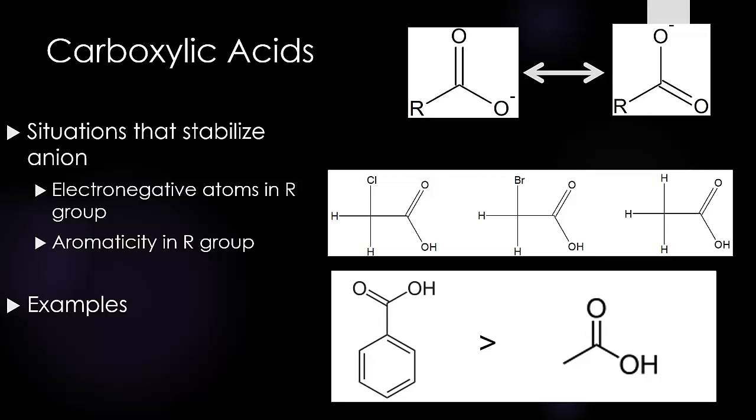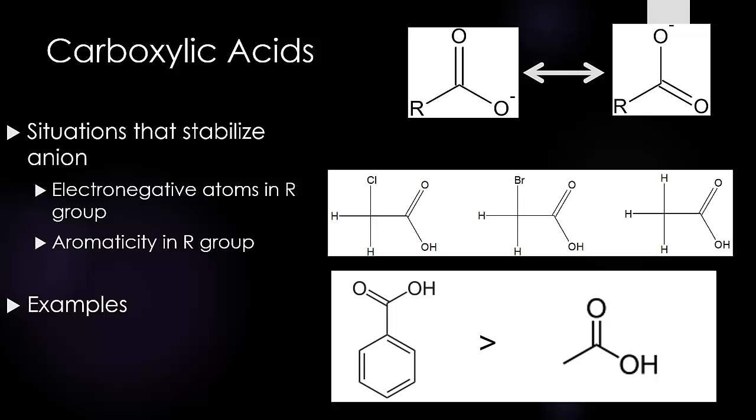In this first series, we're comparing acetic acid with similar acids, but with halogens substituted for the hydrogens. These halogens pull some of the electron density from the oxygens, helping to stabilize the negative charge. Since chlorine is more electronegative than bromine, it has an even stronger effect.